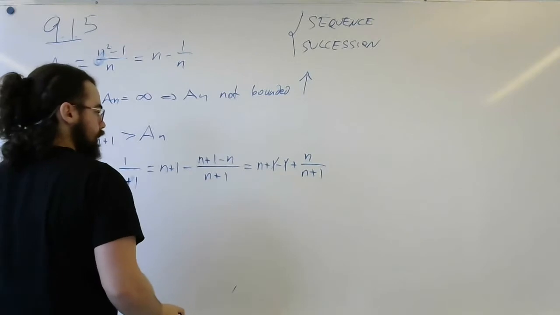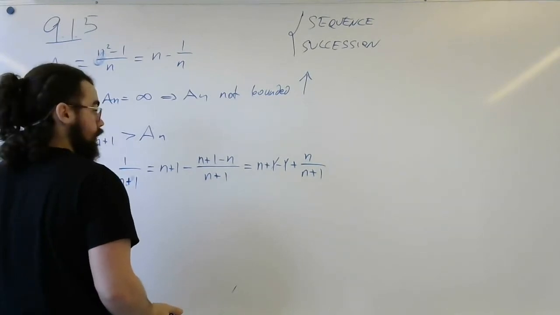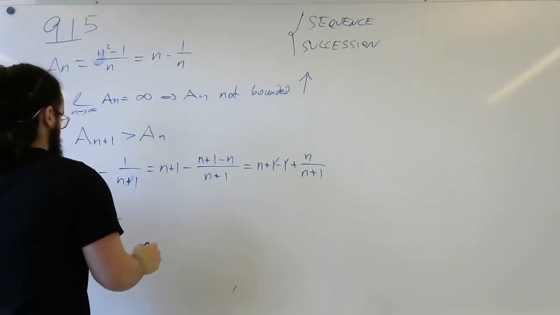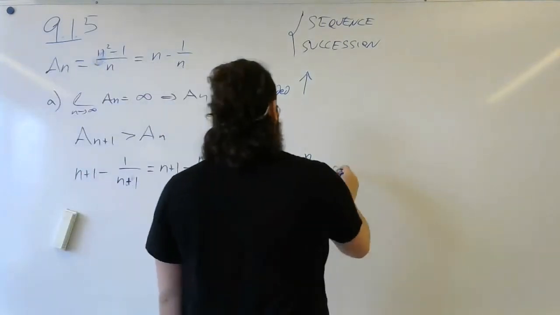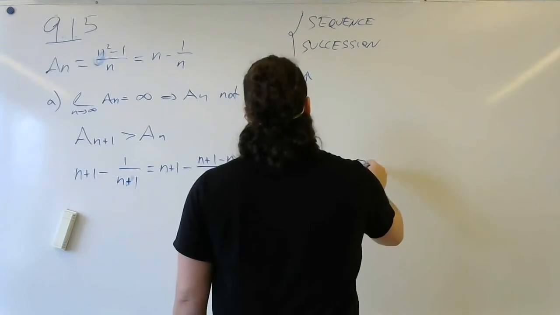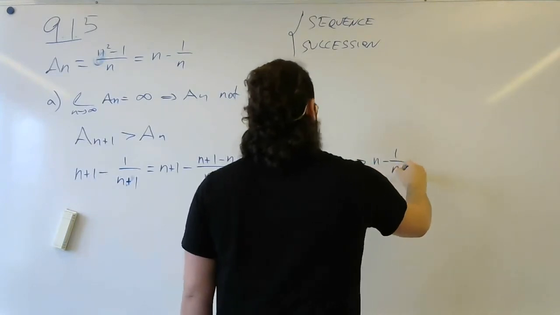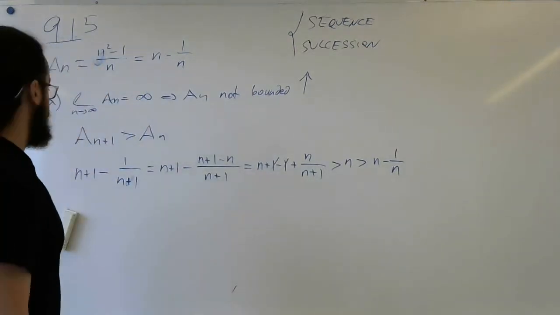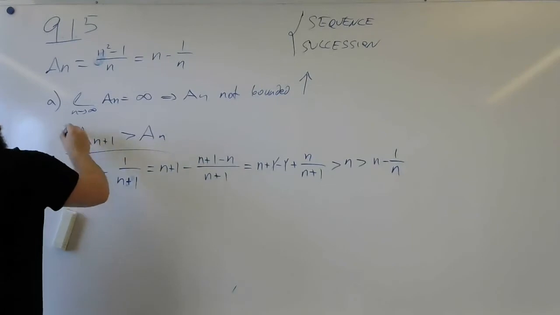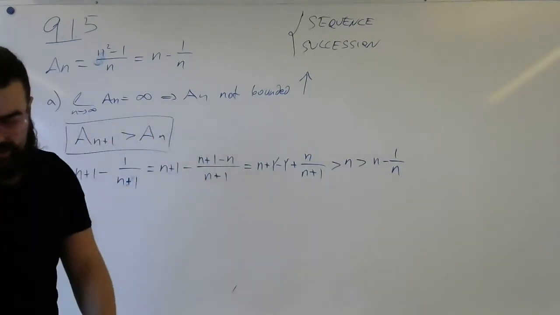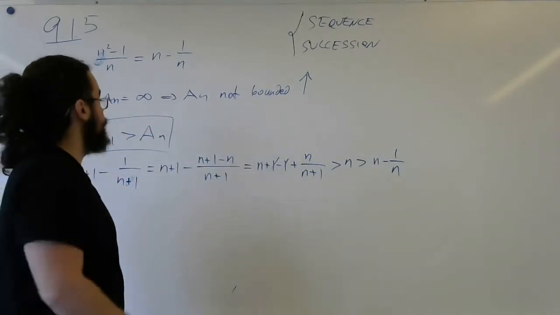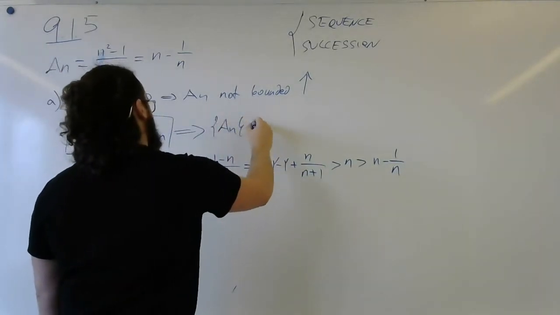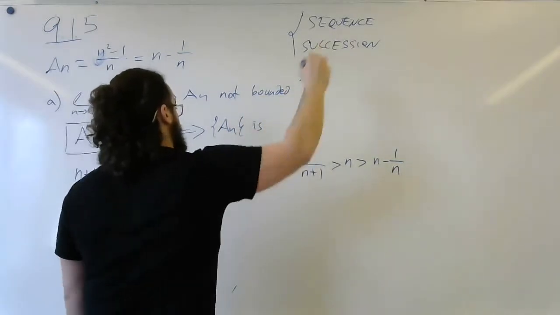And for this thing, we already have it, right? This is greater than n, and this is greater than n minus 1 over n. Exactly, we cannot divide by 0. We notice this thing. So our succession is increasing.